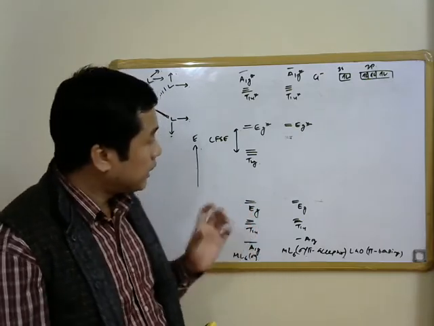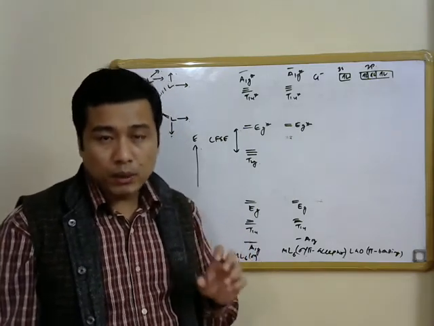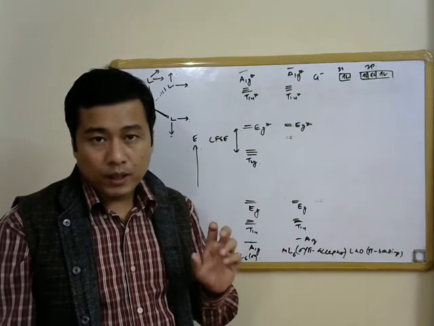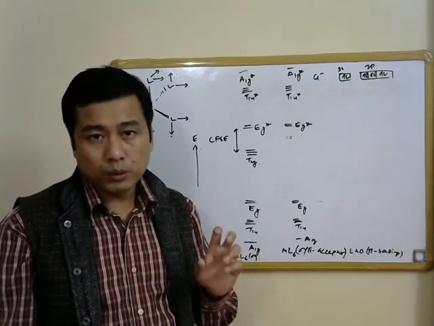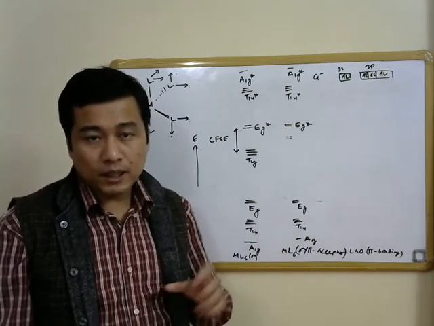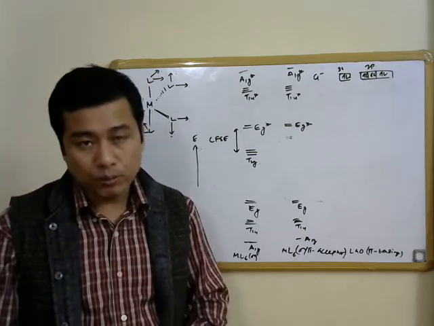When carbon monoxide binds to a metal center, electrons in this sigma bonding molecular orbital are donated to the empty metal d orbital, and this forms the sigma bond in metal carbonyl complexes.